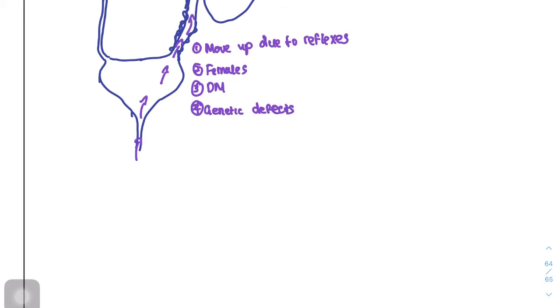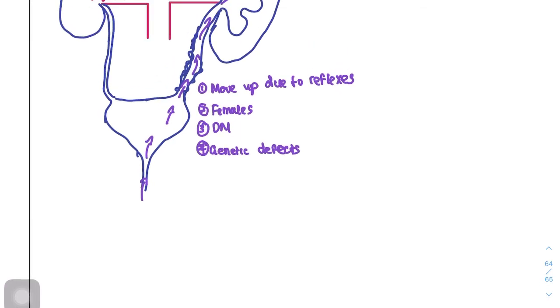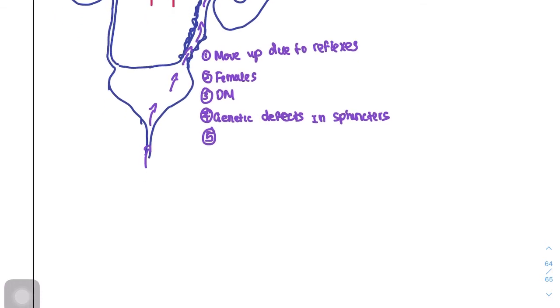So let's say there's going to be a reflux issue. There's going to be sphincter defects. So in genetic defects in sphincters, that will prevent the closure, causing refluxes upwards. So patients with genetic defects have a higher risk.